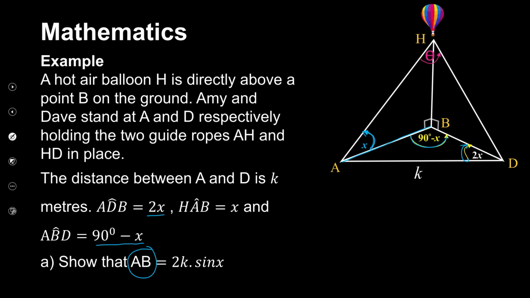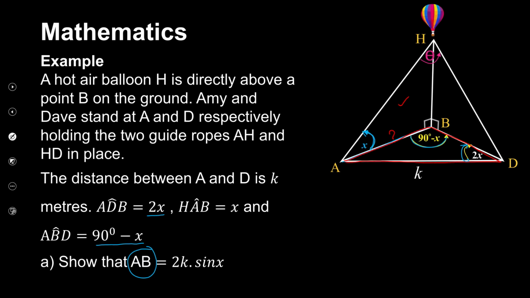Okay, so they want us to find something about AB. Now, AB belongs to both triangles, this right angle triangle and this one, ABD, the horizontal triangle. Obviously, we don't have enough information in the right angle triangle because we only have x. So we can't use that triangle. We're probably going to use triangle ABD in order to find AB.